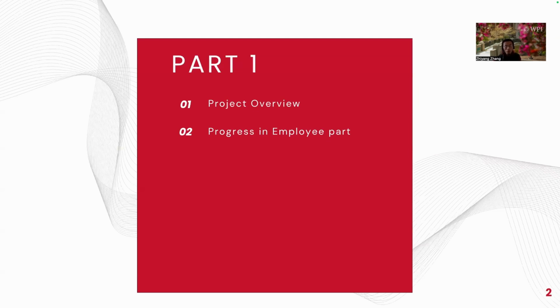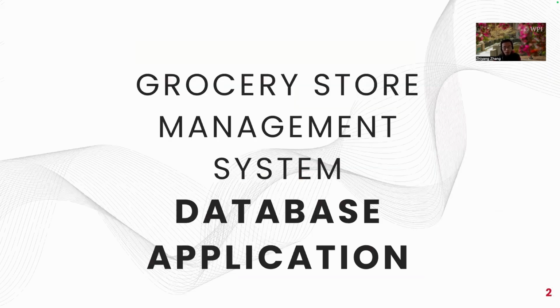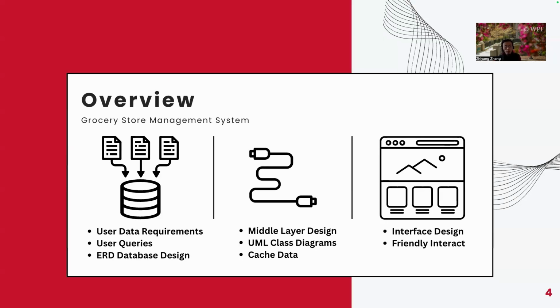In part 1, I'm going to talk about the project overview and the progress in the employee part. Our project is about developing a grocery store management system. This is a database application project. This is an overview of our system.